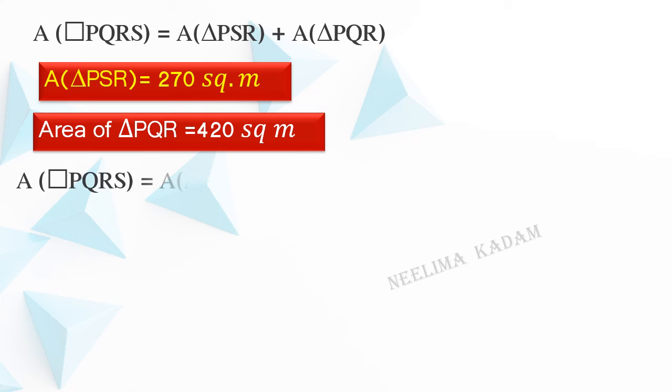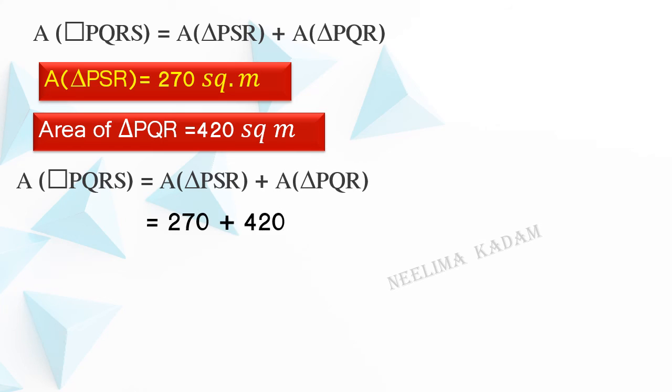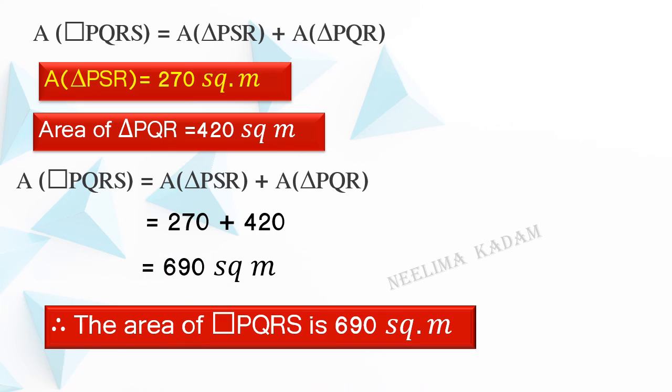Therefore, area of quadrilateral PQRS will be equal to 270 plus 420. Adding this, we will get answer 690 square meter. Therefore, area of quadrilateral PQRS is 690 square meter.